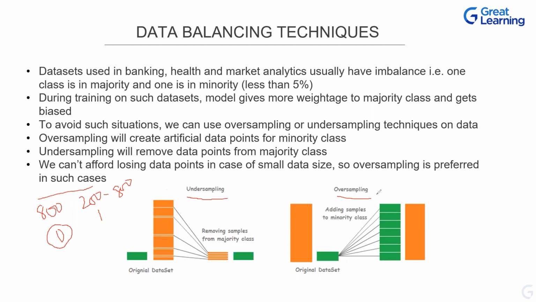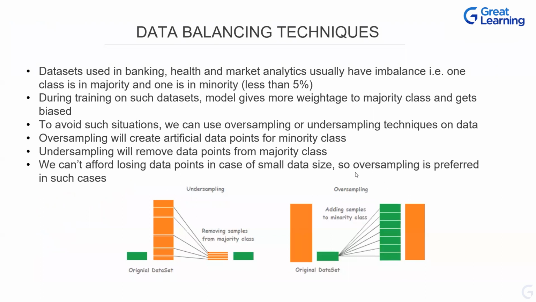That's oversampling. Undersampling is reducing the majority to match the minority. In this case, this 800 will be reduced down to 200, and the total number of observations will then be 400. As you see, undersampling is removing some existing information from the data set. That is why it is not one of the preferred ways of data balancing, while oversampling is preferred mostly.